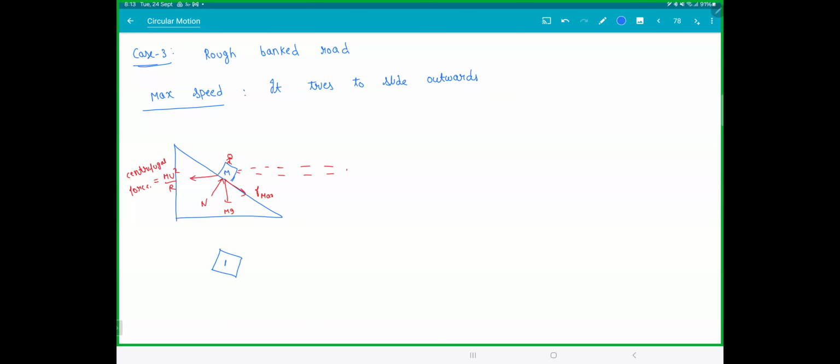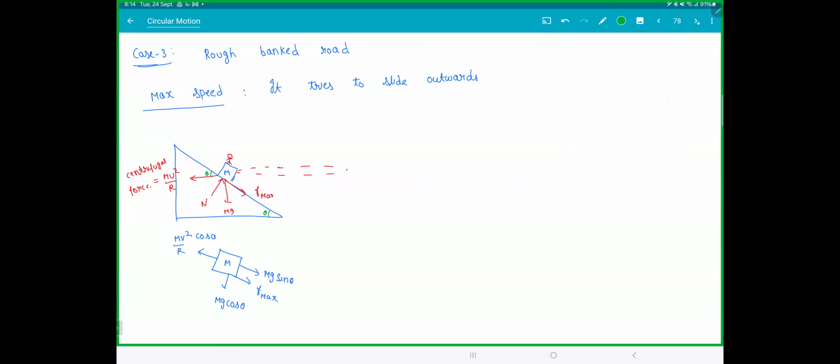If you resolve the forces, we get mg sine theta, mg cos theta. This is F max. This is the component of centrifugal force, m v square by r cos theta, because if this is theta, this is theta.